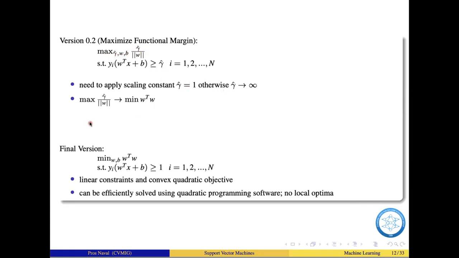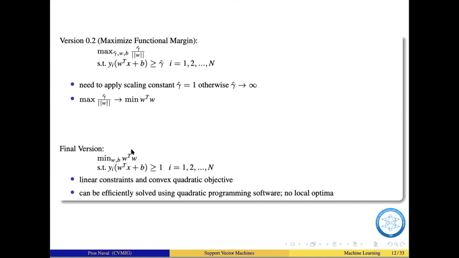Now, maximizing gamma hat over the norm of W is the same as minimizing W transpose W. So with this, we are inspired to have this formulation, where the final version of our optimization problem to solve for the right values of W and b is: minimize, not maximize, because it's equivalent, W transpose W, such that this quantity is greater than or equal to 1, where i equals 1 to n, where n is the total number of points.